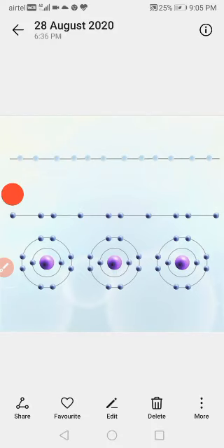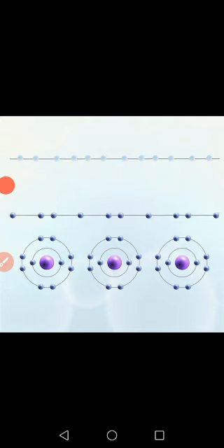And here you can see an energy band is forming, because these are all almost at the same energy level, but due to interaction the energy band is forming. This is the in-between process of energy band formation.